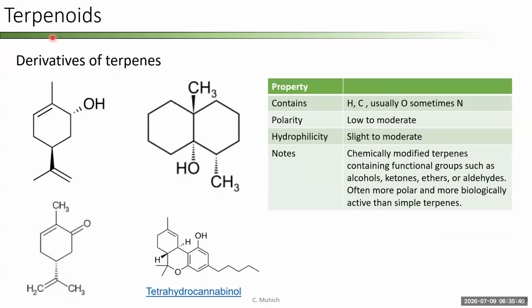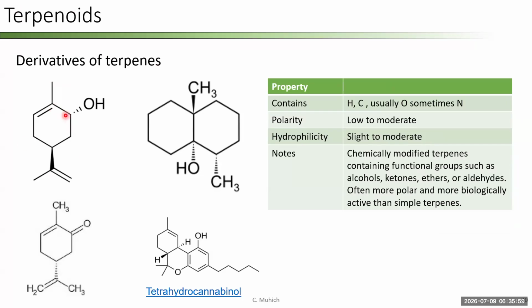Terpenoids are the extension of terpenes. When we have an "oid" at the end, this indicates that it's some derivative of what comes before. So terpenoid means a derivative of a terpene. Here we can see structures.